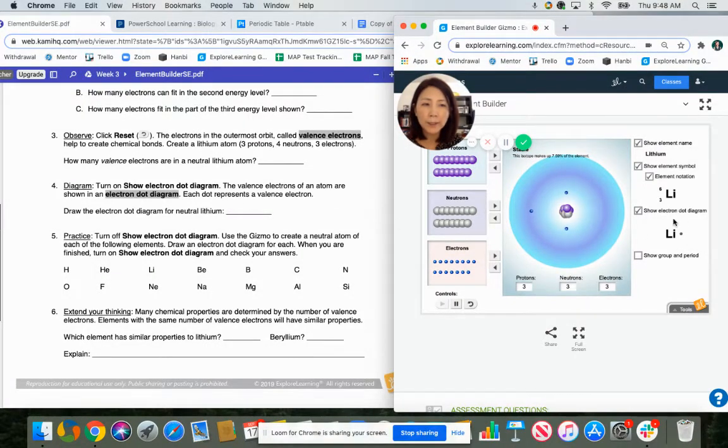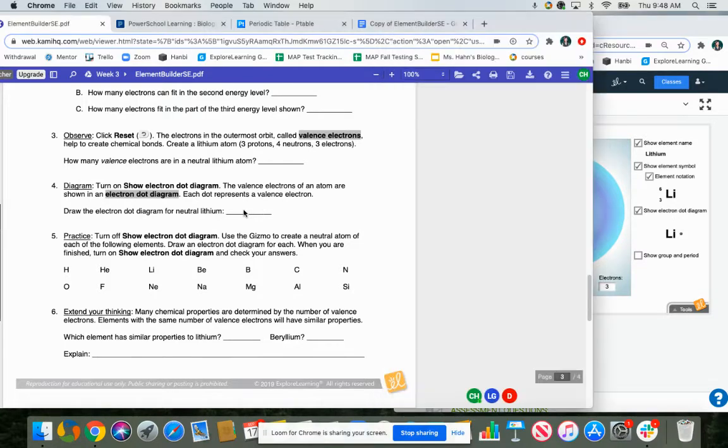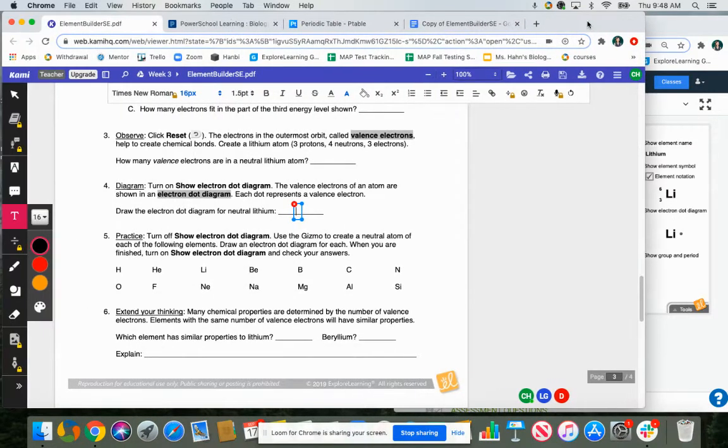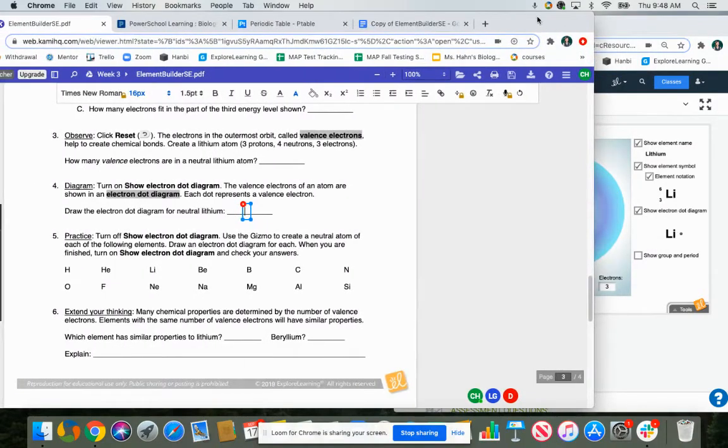So this is the electron dot diagram. Hopefully you've figured out how to type it, but for lithium, I'm going to just go Li, and then I'm just going to make a dot there. Okay, like that. That's not great, but it shows me that I've got 1 valence electron.